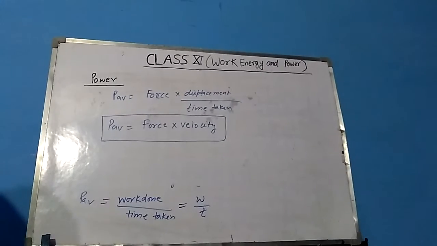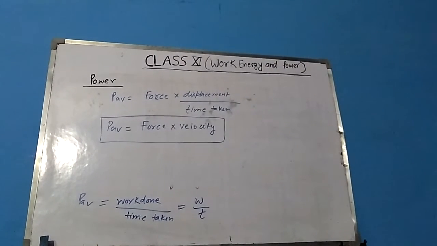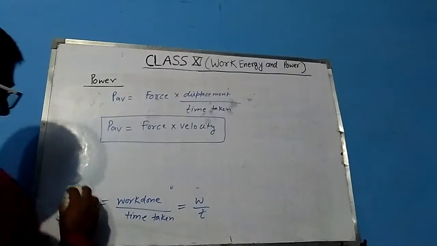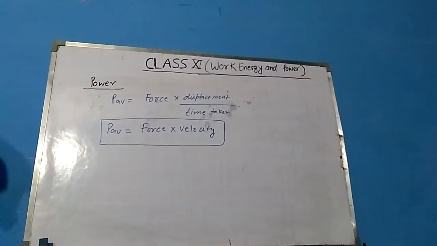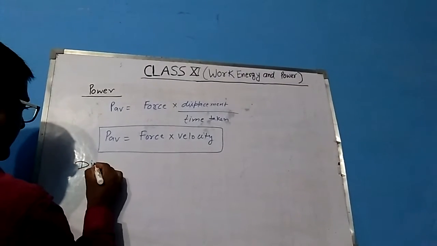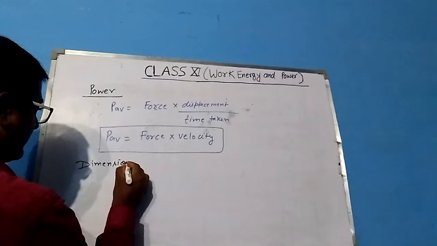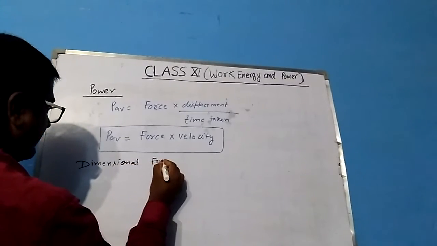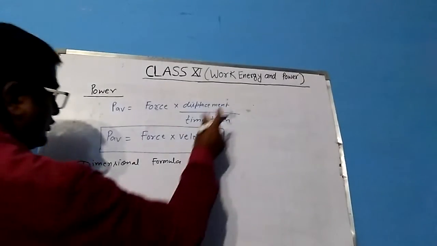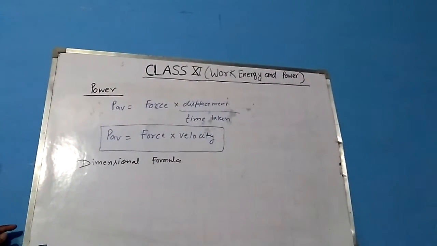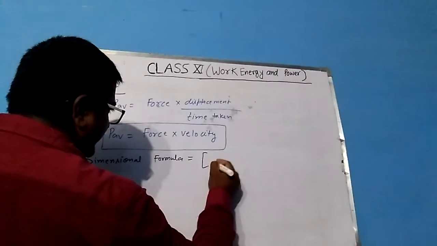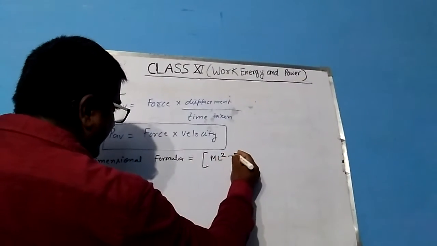Now we have to go for the dimensional formula and its SI unit. The dimensional formula is given by ML square T minus 3. You can also calculate it by taking the dimension of work and dividing by time.